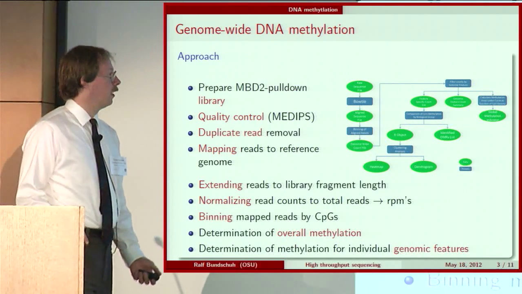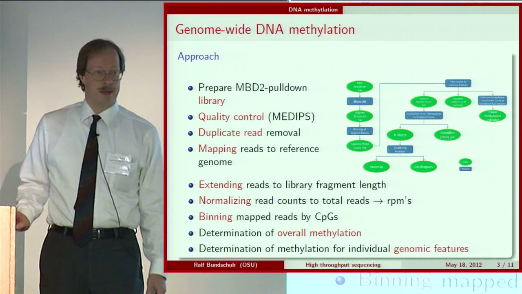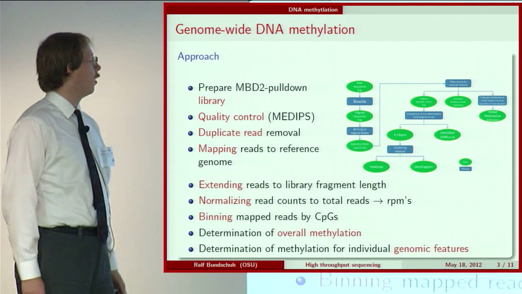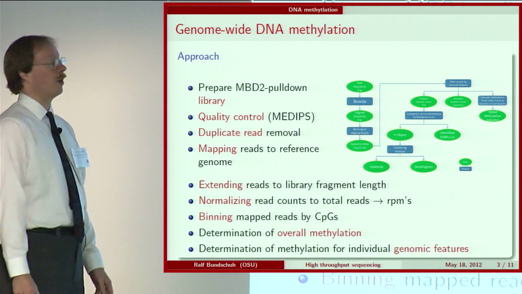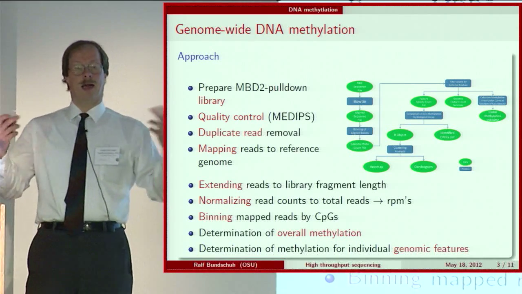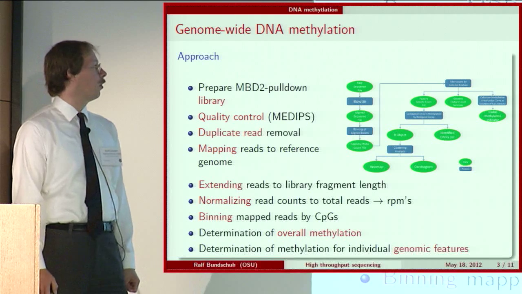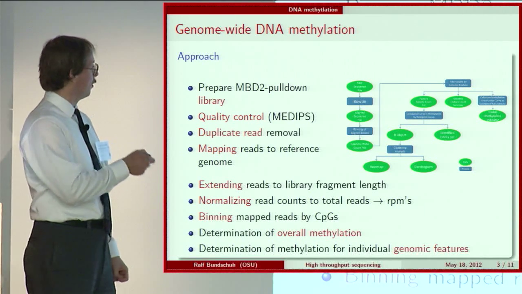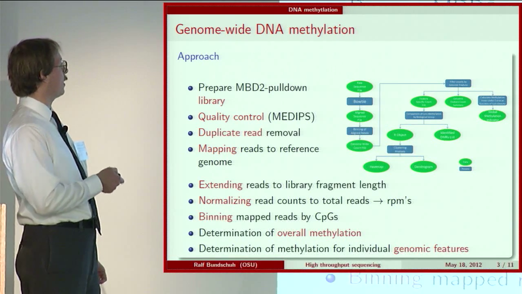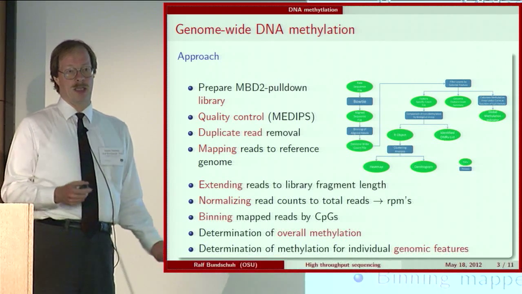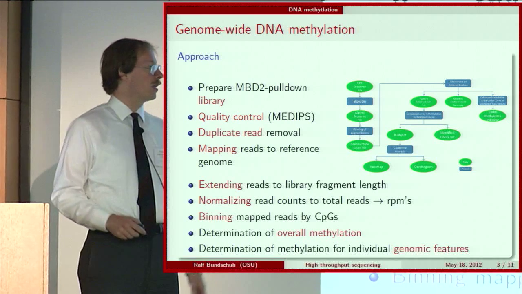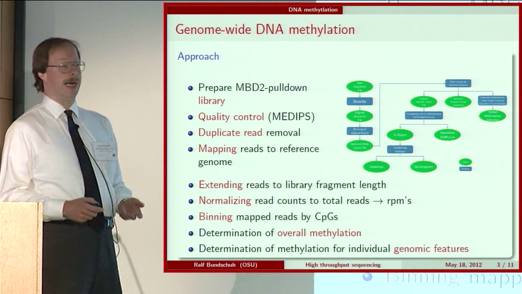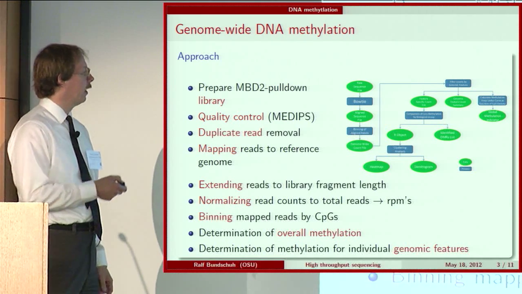The first one is this DNA methylation analysis that Pearly already introduced you to. We developed this workflow for how we deal with data that comes from the methylation pull down. Pearly's group first prepares this library, which in this case is prepared by pulling down DNA with a protein that preferentially binds to methylated DNA.